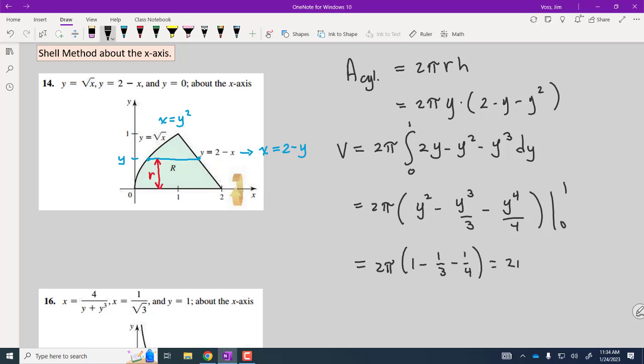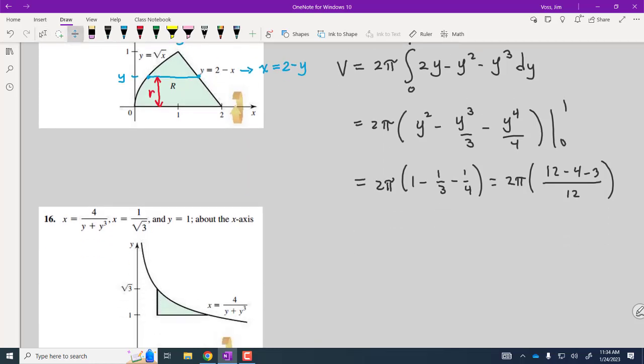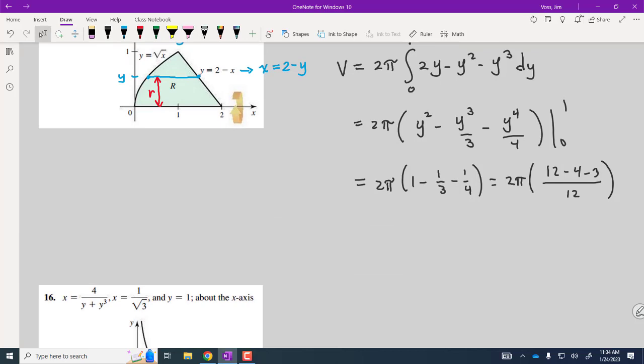That will be 2 pi multiplied by a common denominator of 12. That's going to be 12 minus 4 minus 3. And whatever that turns into. Looks like a 2 will cancel with the denominator, and in the numerator we're going to have a 5, so 5 pi divided by 6.